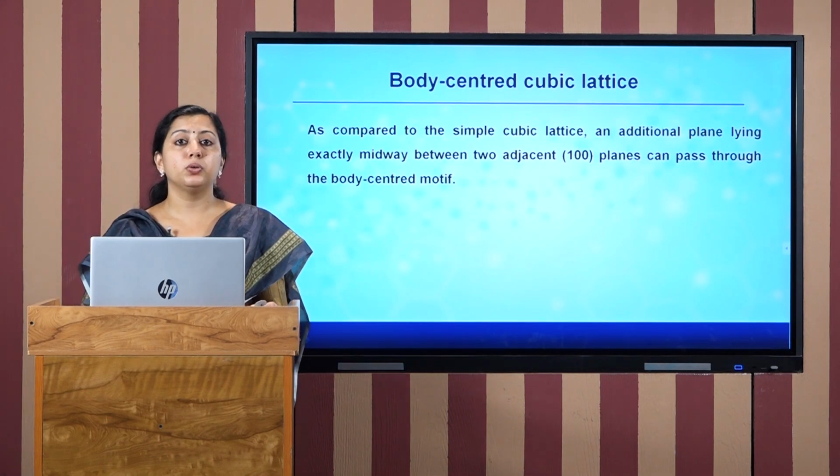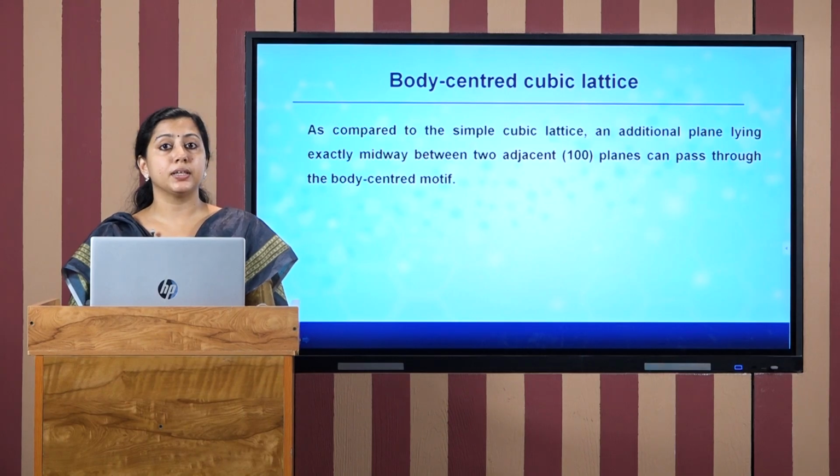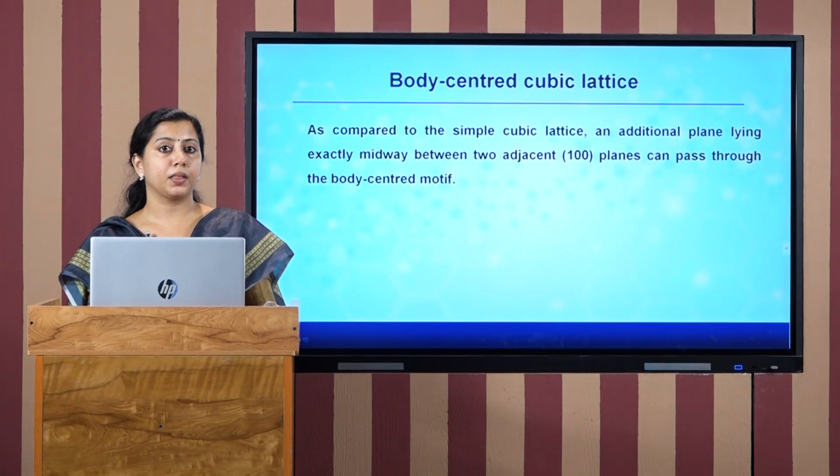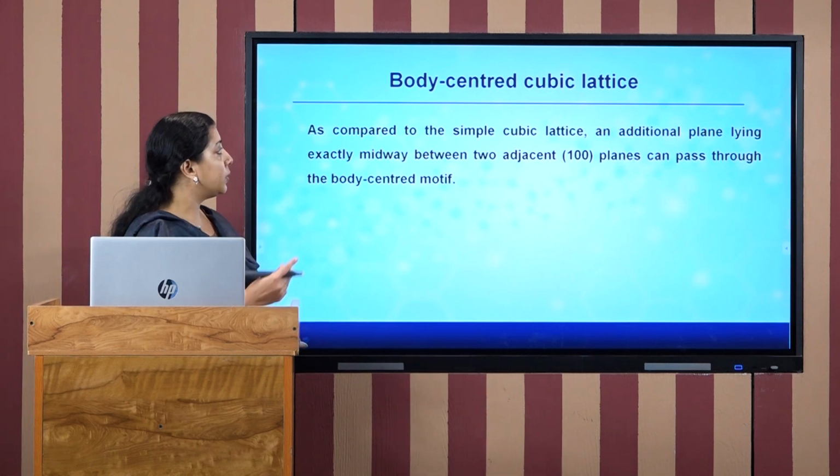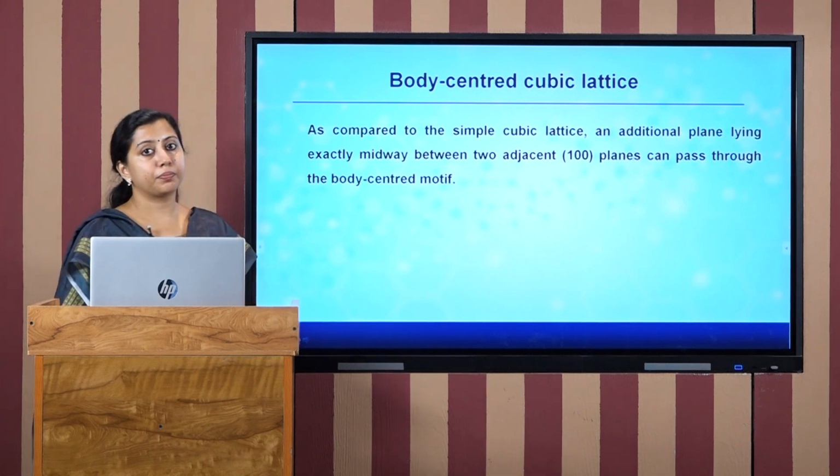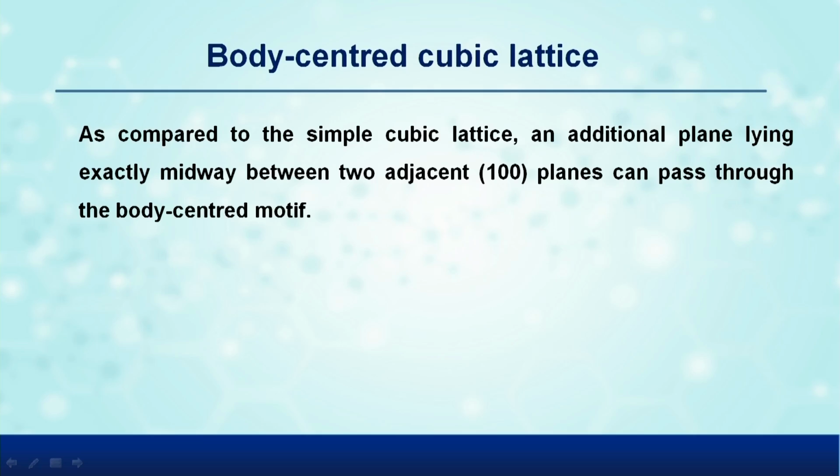Next, we will move on to the lattice planes of a body centered cubic lattice. As compared to a simple cubic lattice, in a body centered one, an additional plane lying exactly midway between the two adjacent 1 0 0 planes can pass through the body centered motif.